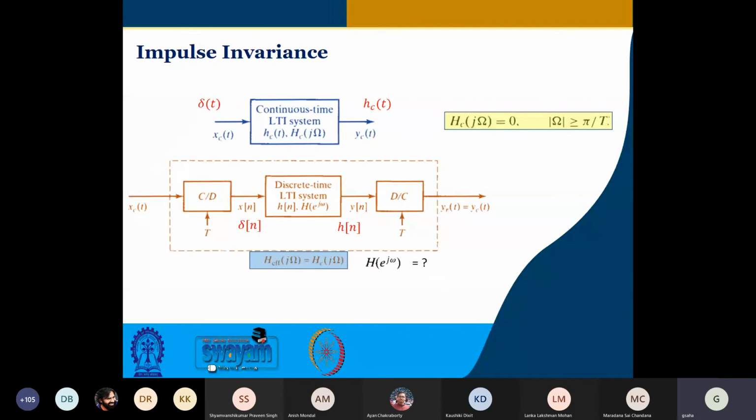Now we look at another aspect of it. Having understood that this digital signal processing or DSP system can be used for implementation of continuous time systems also, with all the benefits of digital signal processing hardware, that is the general purpose hardware that you can use, the repeatability, the noise immunity, all those things.